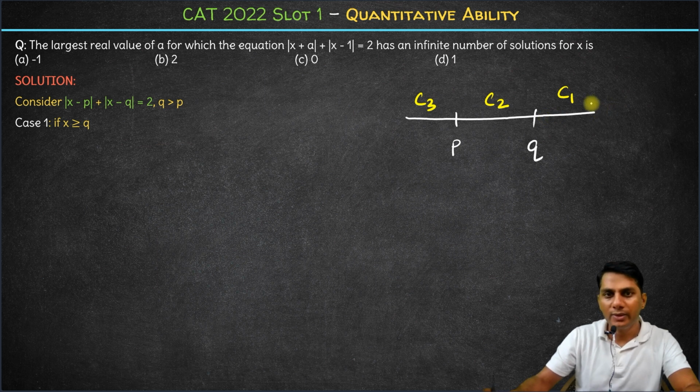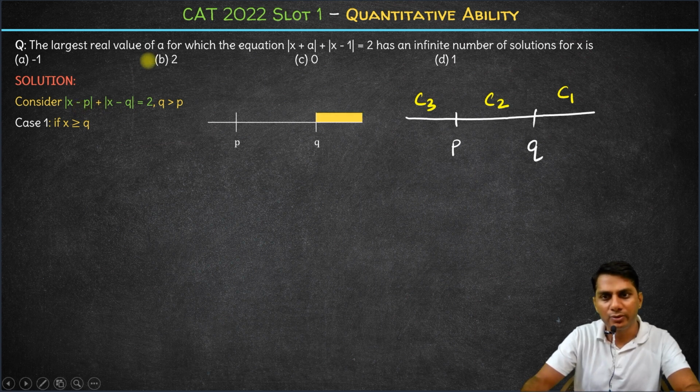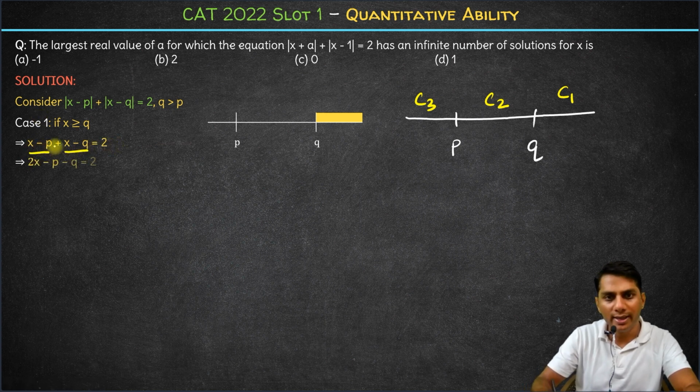Okay, so the first case is when x is greater than or equal to q. If x is greater than or equal to q, the term inside this mod is positive and the term inside this mod is also positive. Both of them are positive, so the mod will be removed as it is. So we'll have (x − p) + (x − q) = 2. For that we'll have 2x − p − q = 2.